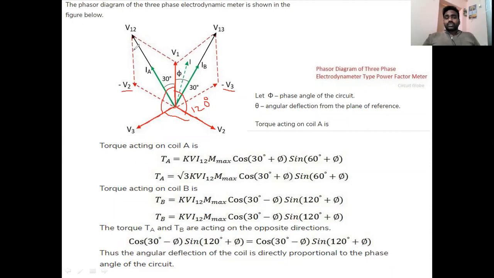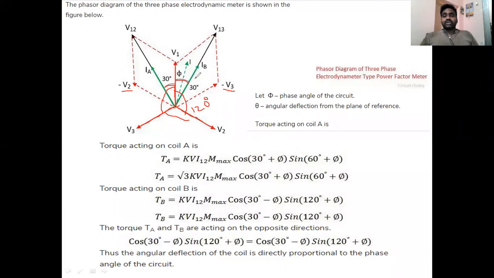The phase angle between voltage and current is 30 degrees. The phase angle between V1 and IB is around 30 degrees, and between V1 and IA is around 30 degrees.